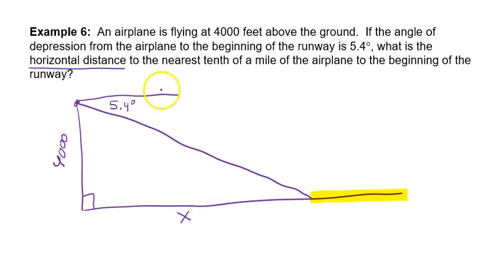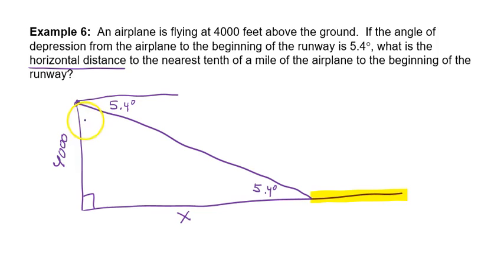I have some wavy lines, but those are supposed to be horizontal, which would mean that they're parallel. And being parallel, I have a theorem that says alternate interior angles are congruent. This 5.4 is alternate interior angles with this angle down here, so it is also 5.4 degrees. So that is an alternate interior angle situation.